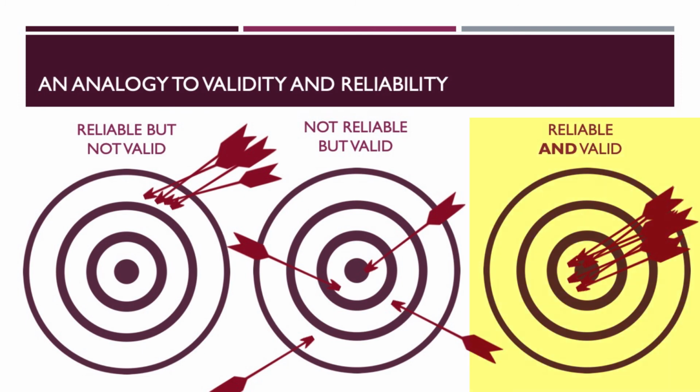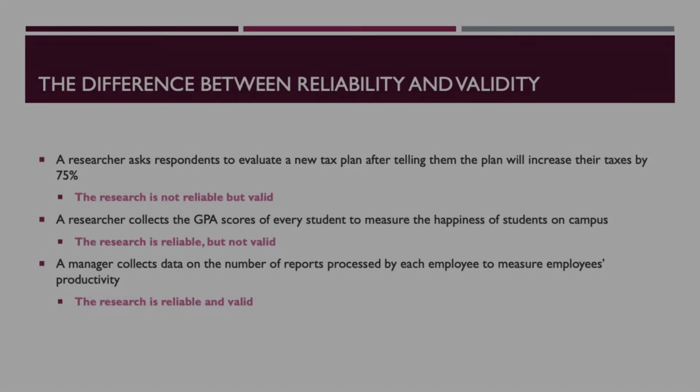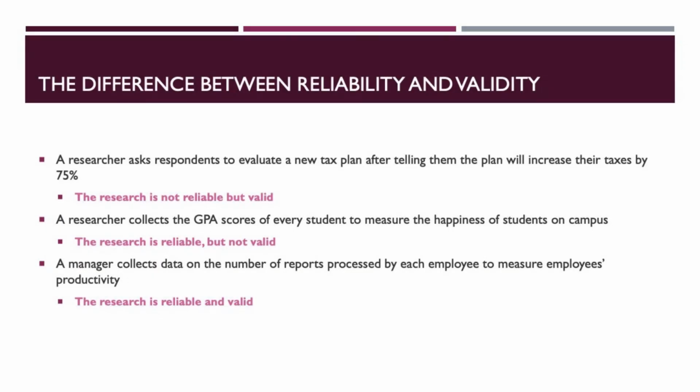All of the shots are grouped together, and they accurately hit the center of the target. So the way that we measure our research concepts should similarly strive to be the third archer, highly reliable and highly accurate. So let's just run through 3 quick examples to look at a statement and try to identify whether it's reliable and also valid.